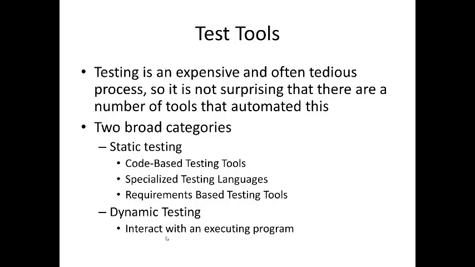And requirement-based testing tools isolate the specific user requirements and suggest test cases or classes of test that will exercise the requirement. For the dynamic tools, they interact with an executing program. They check path coverage, test assertions about the value of specific variables, and otherwise instrument the execution flow of the code.